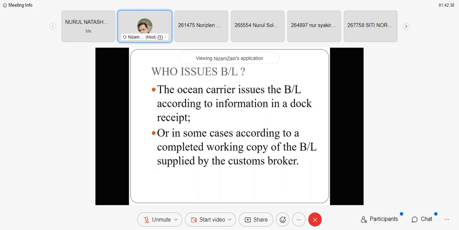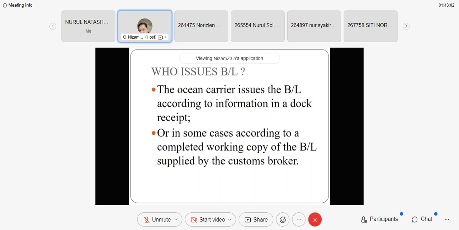What they do is they link the carrier and the cargo owner. So once established, they get the commission and bye-bye. And that is for you to deal with, right?